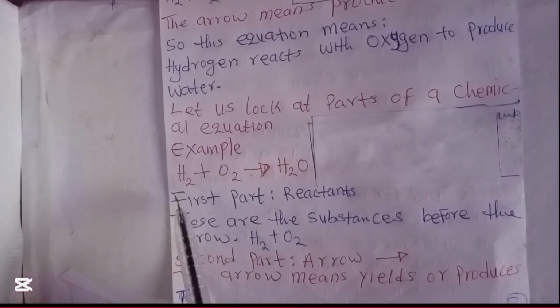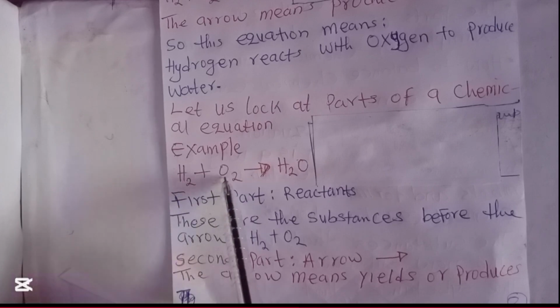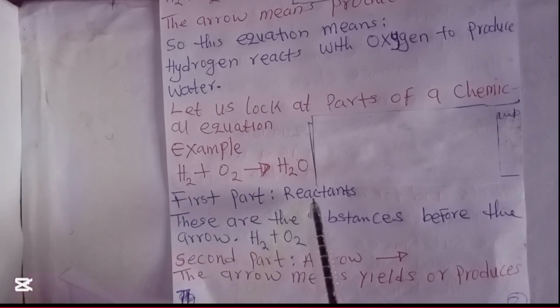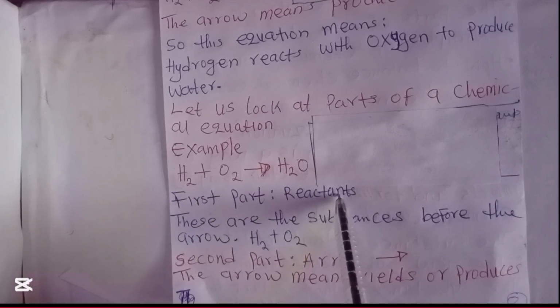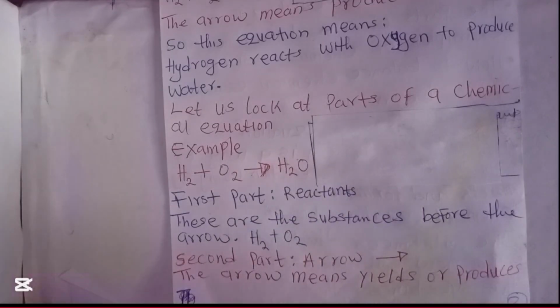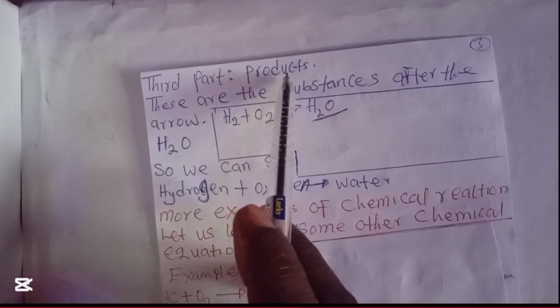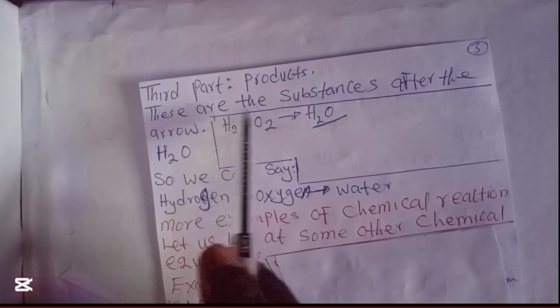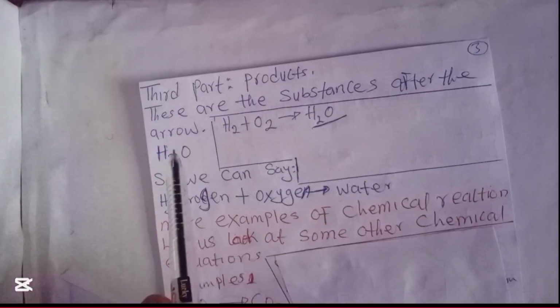First part, hydrogen plus oxygen, is called the reactant, while the second part is this arrow. Well, the third part is called the products. These are the substances after the arrow.